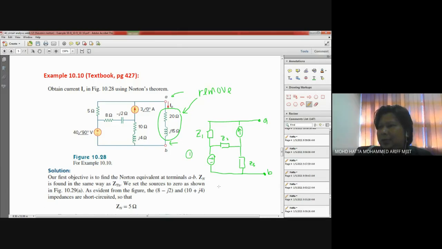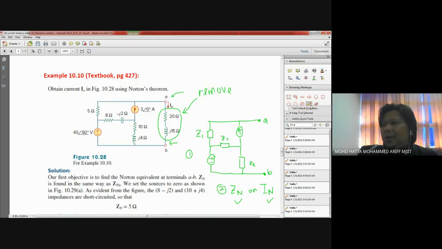The next thing you need to do is find the Norton impedance, or you can also start with your Norton current. According to this solution, it starts with the determination of the impedance first, and later on we calculate IN. So we follow what's going on over here.